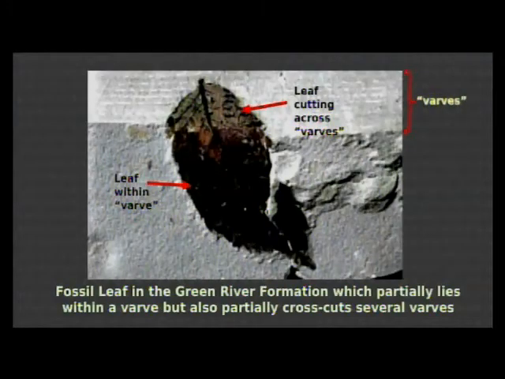Here's another example. Here we have a leaf. Part of it is within the bedding of the varve, and the other part of it cross-cuts the varves. How could that be fossilised if each of those layers, varves, was a year? Wouldn't the leaf rot through all that period of time?